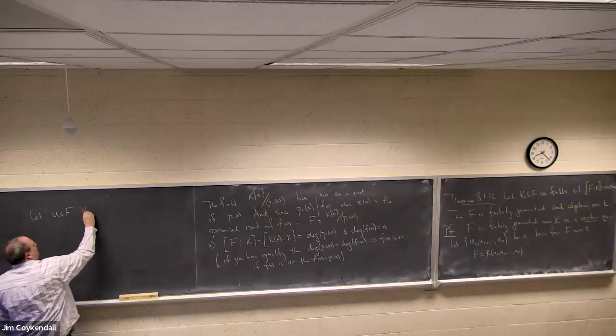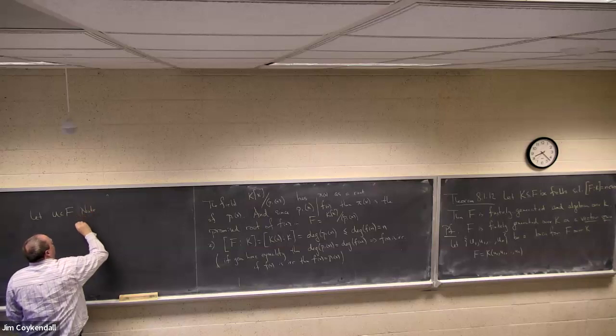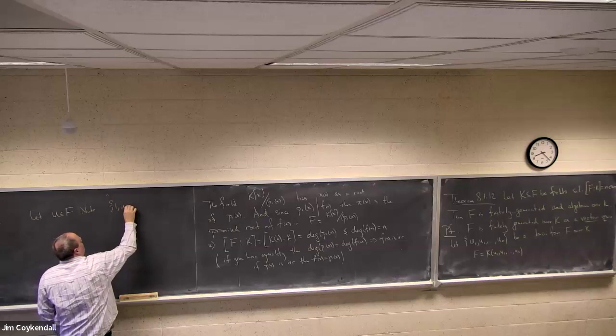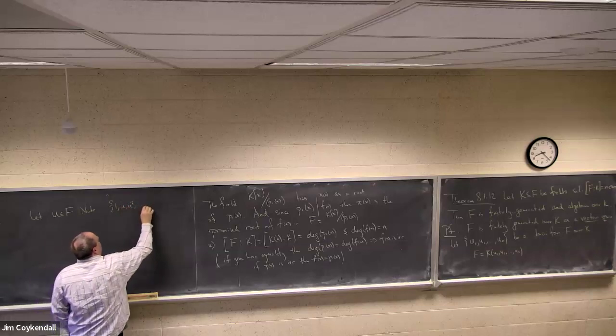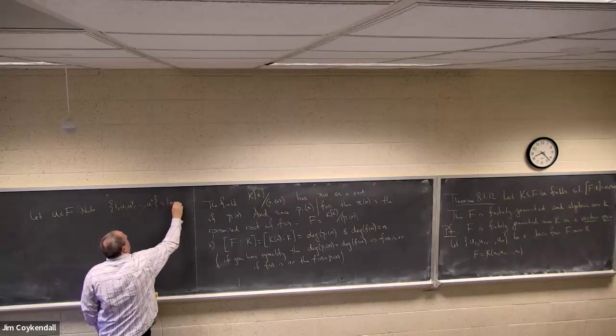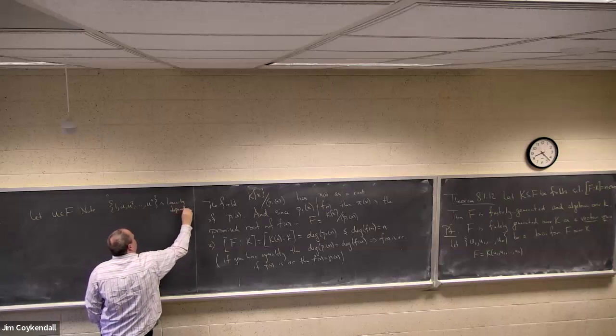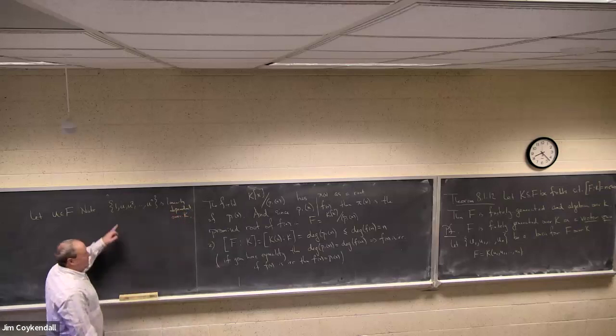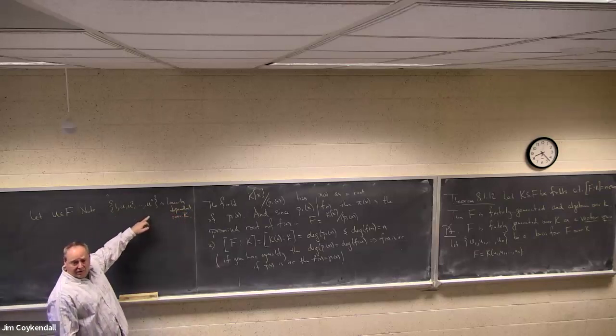Note the set 1, u, u squared, up to u to the n is linearly dependent over K. Right, because I have n plus 1 things here.